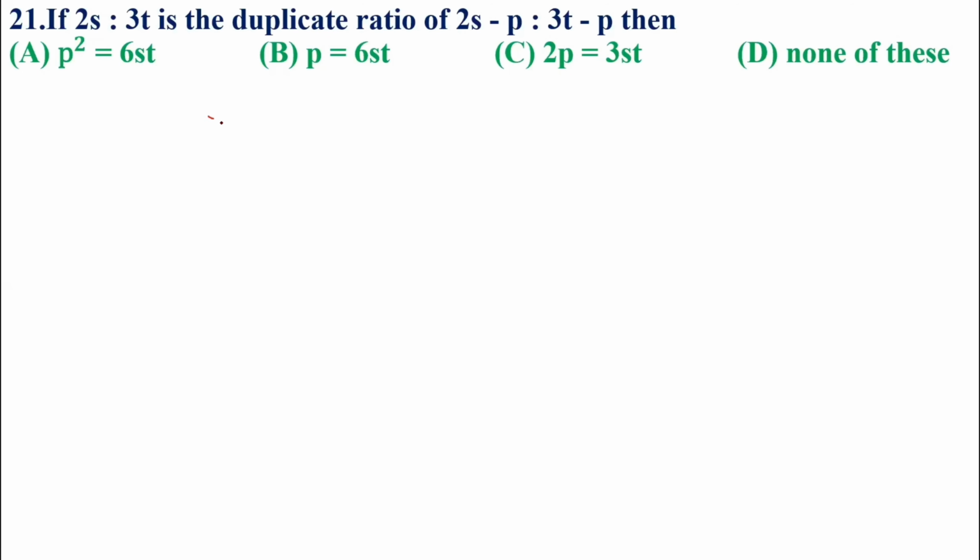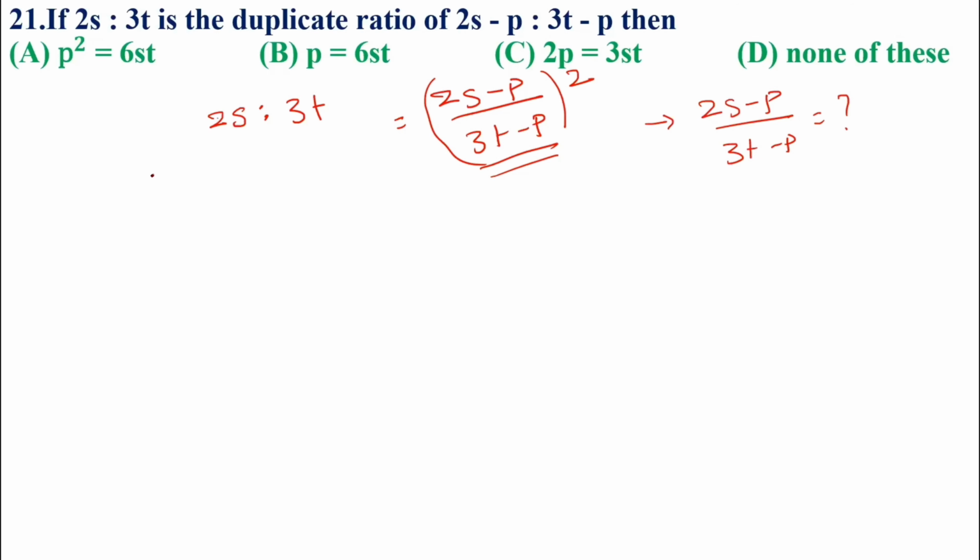If 2s is to 3t is the duplicate ratio of 2s minus p by 3t minus p. The duplicate ratio means this is the duplicate ratio of this one. So how to calculate? What do I need to calculate?